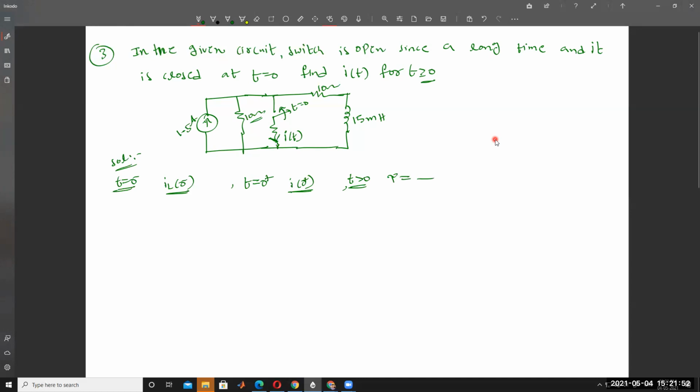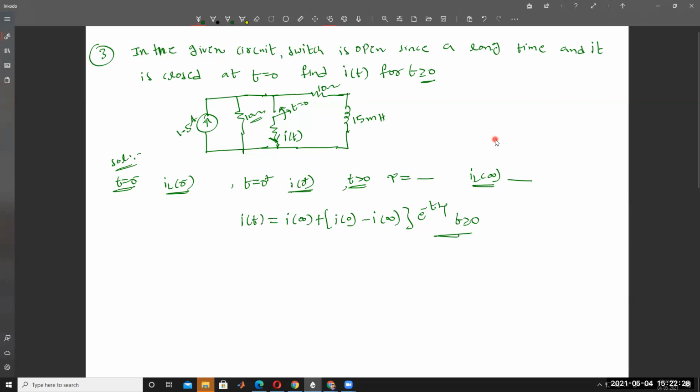After that, find IL of infinity, the steady state condition. Then substitute all these values in I of t equals I of infinity plus I of 0 minus I of infinity times e power minus t by tau, for t greater than or equal to 0, and you will get the answer.